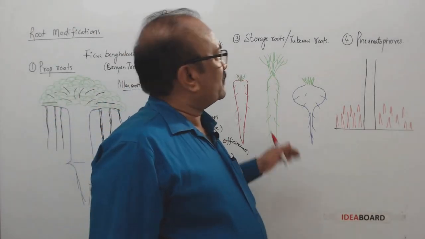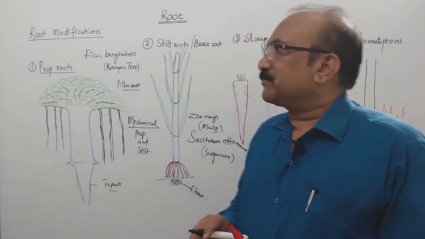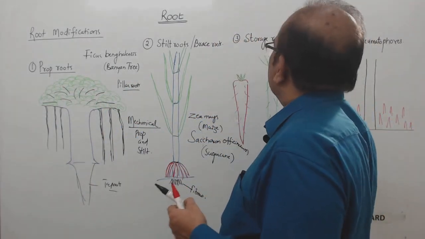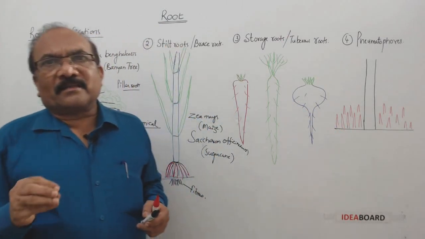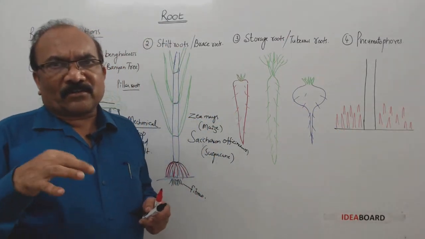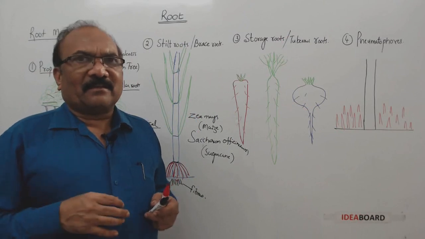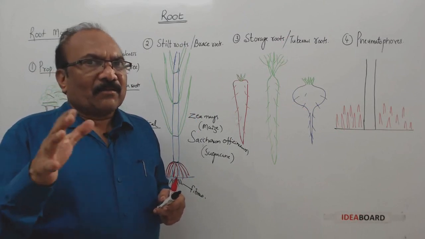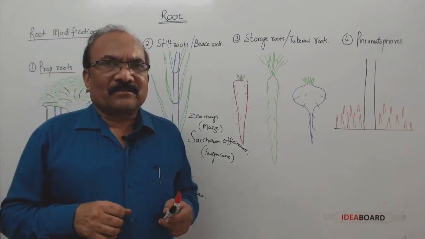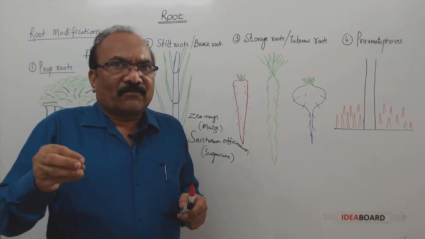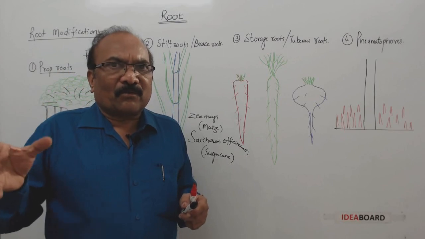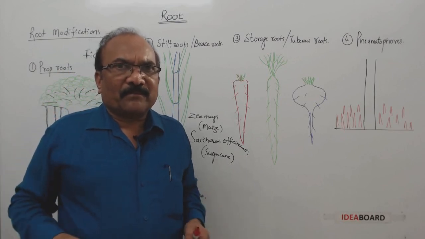Now let us come to the third modification, storage roots. We have already studied the functions of roots, and one of them is storage of food material. Here we are not talking about that kind of storage. Normal roots do not change in shape even after storing food.